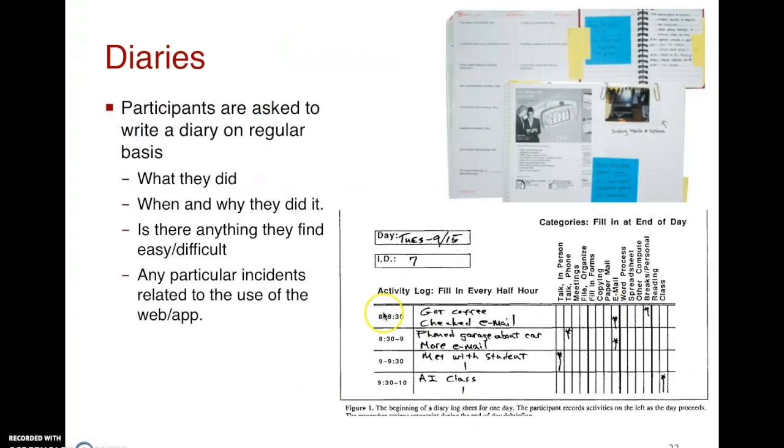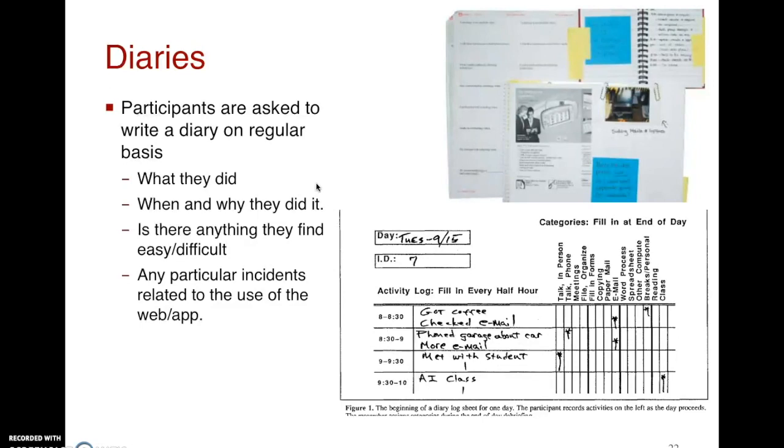For the diaries, this is actually a rather traditional method of data gathering where the participants are asked to write a diary on a regular basis, reporting on their interaction with a particular website or app. They have to report what they did, when and why they did it.